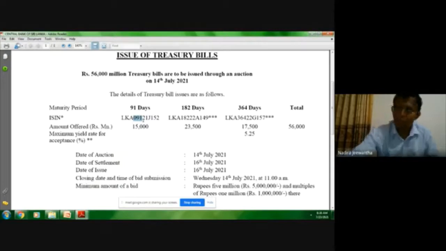If somebody wants to sell it after 1 week's time, when I am holding this instrument, my maturity is not 3 months, it is less than that. So we call it the remaining maturity. When you are calculating the pricing of treasury bills and treasury bonds, both government securities, you always take the remaining maturity, not the original maturity.